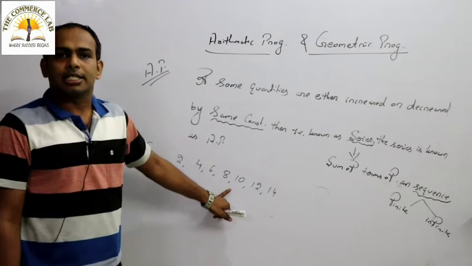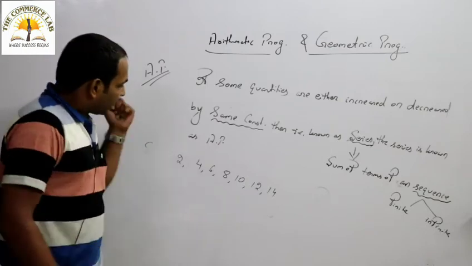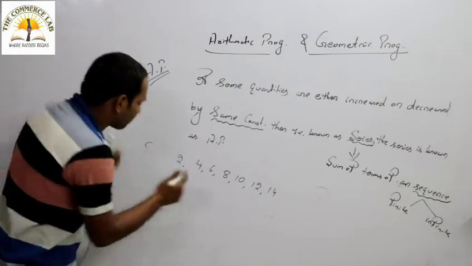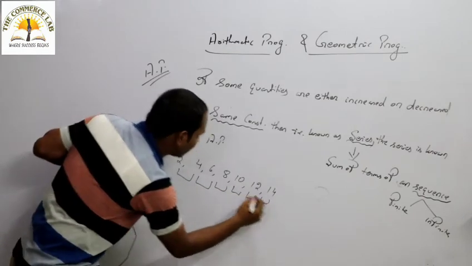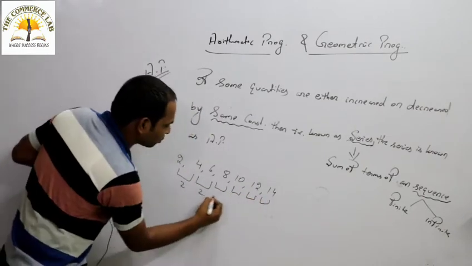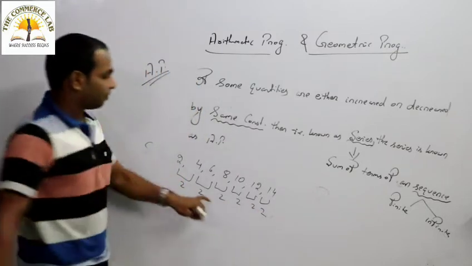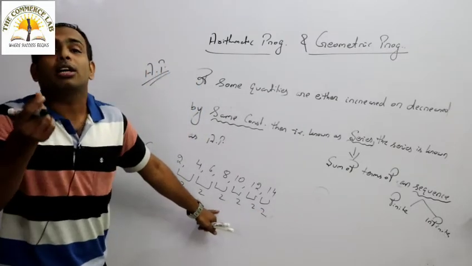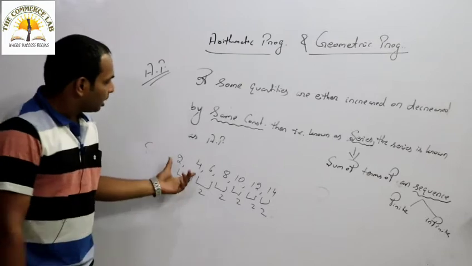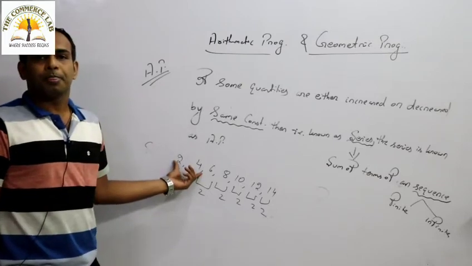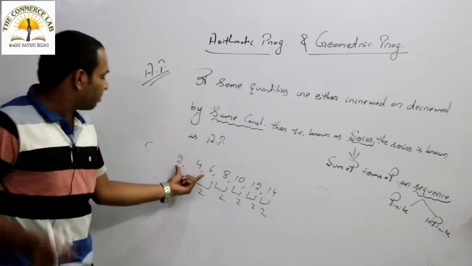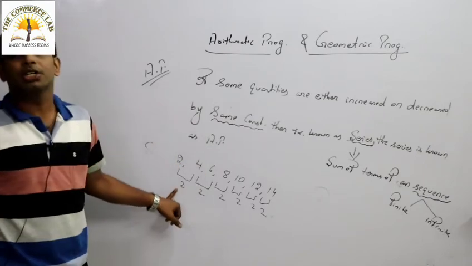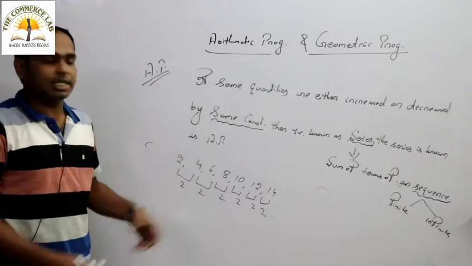This is a sequence, and it follows an order. The difference between two consecutive numbers is 2, that means it increases by 2.